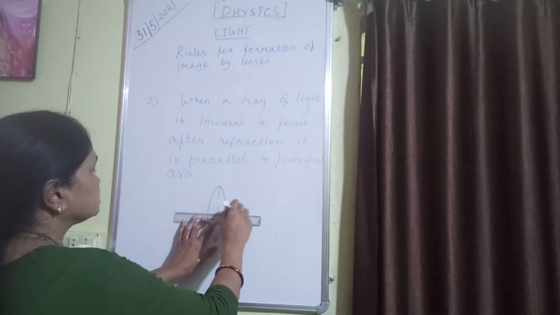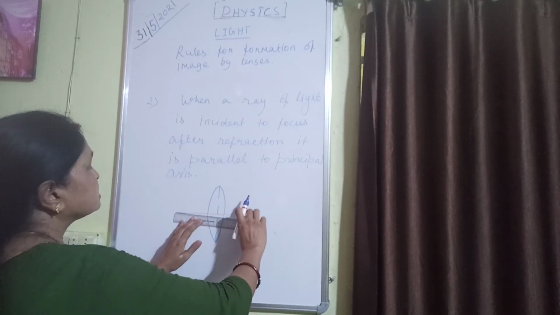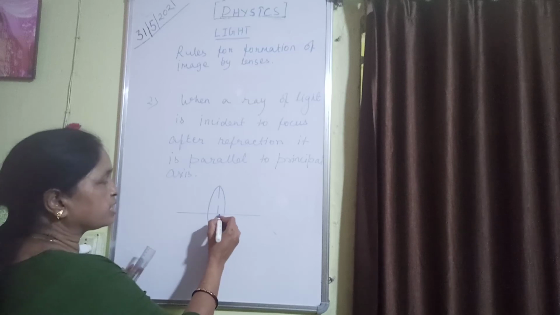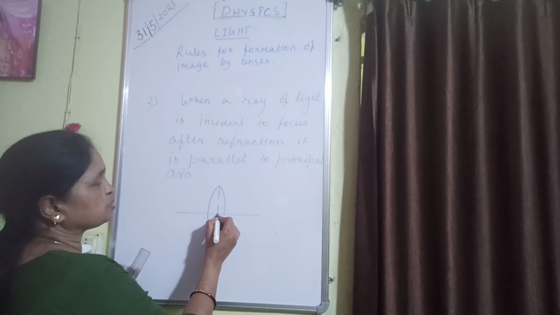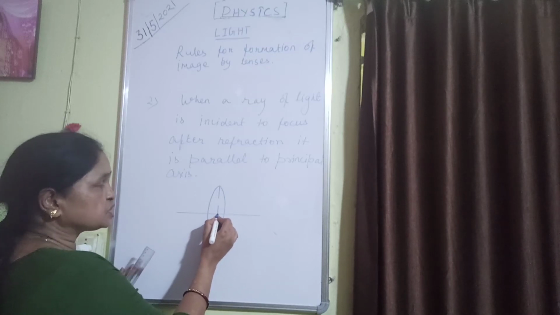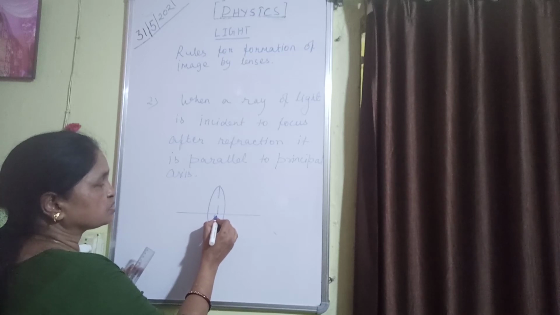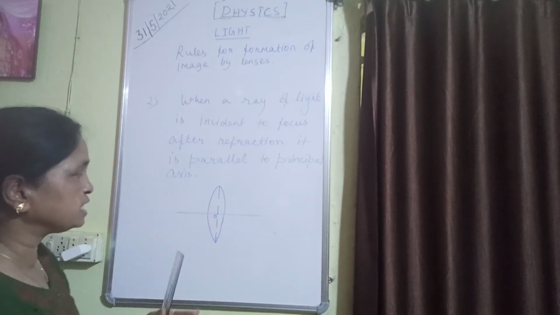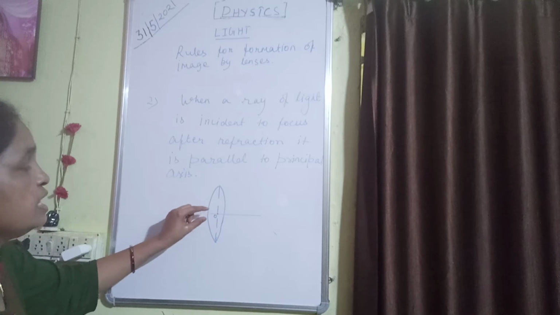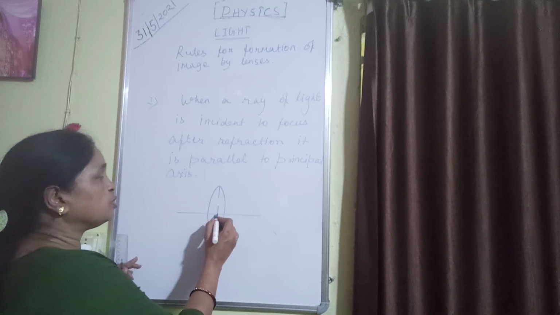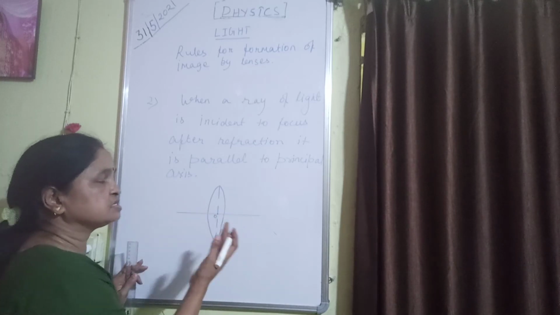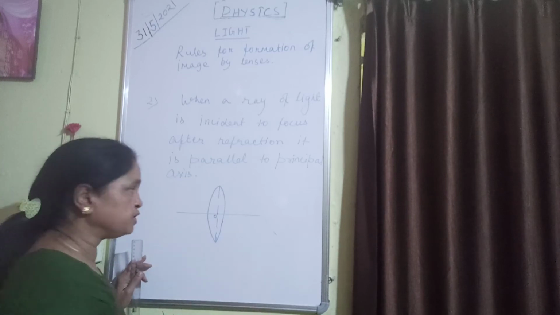Then this center point is known as the optical center, O. So the optical center is the midpoint of the lens. From O, take any distance, 2 cm, 3 cm, 1.5 cm.